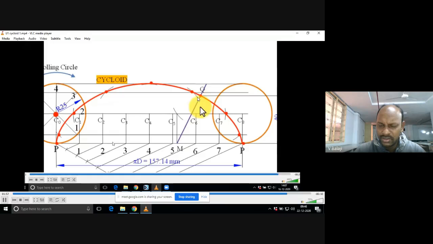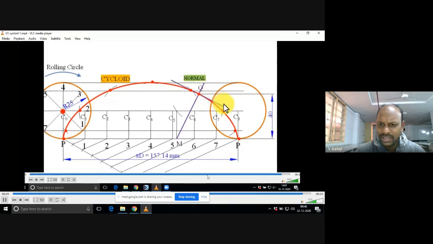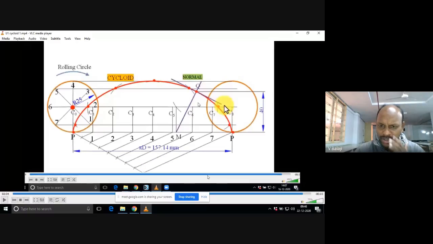Normal and tangent generally have infinite length, so you can extend. Don't stop the normal at Q; extend it a little outside the curve, and the tangent also. These two are perpendicular to each other. If you don't get 90 degrees between these two, somewhere you have made a mistake.